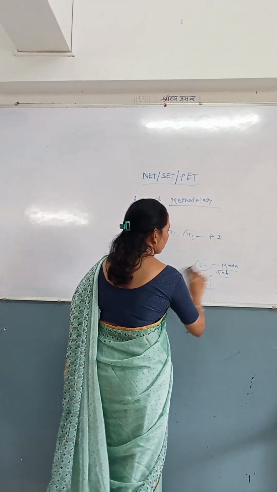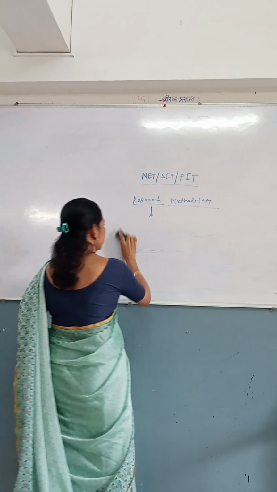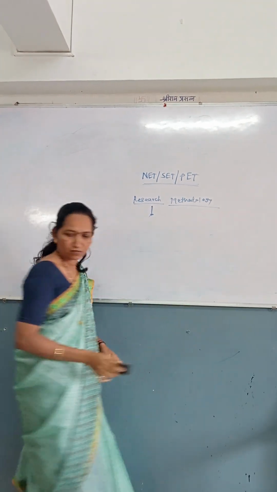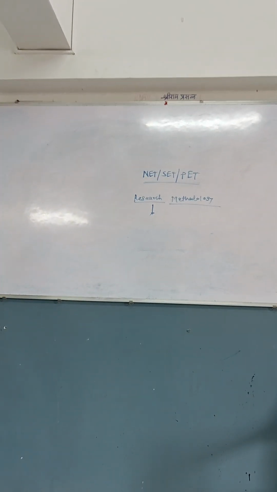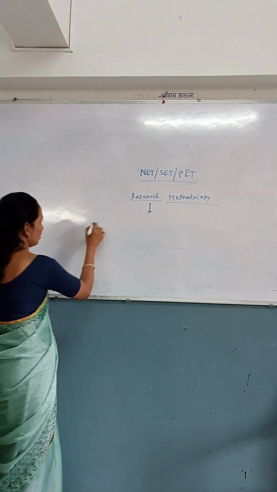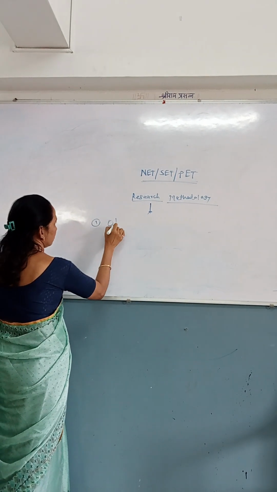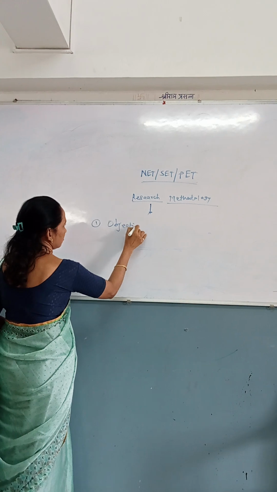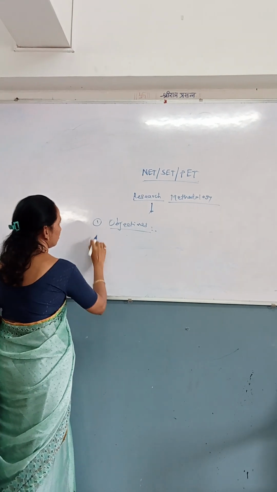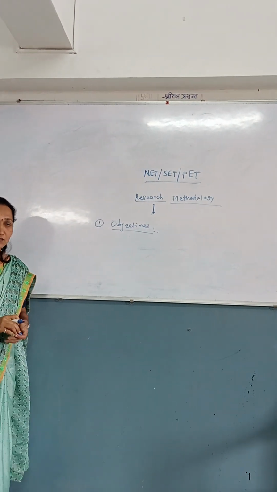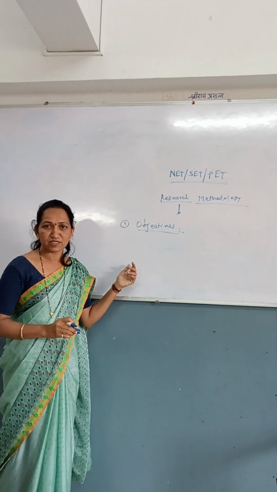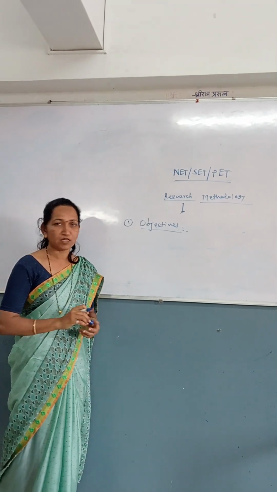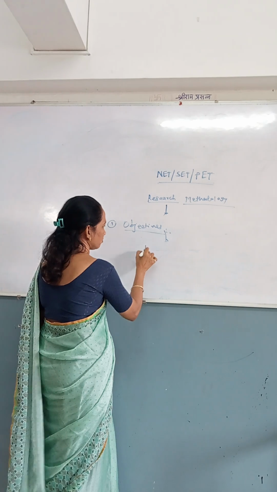Now the first one is the objectives of research methodology. Objectives should be clear and specified. Their number should be specified, and objectives are based on knowledge.